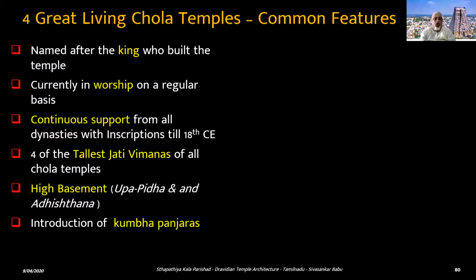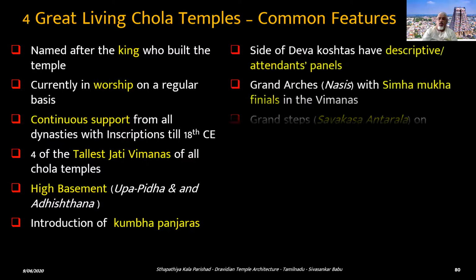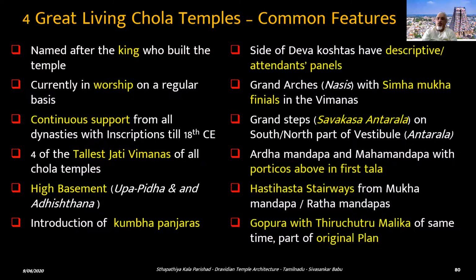And they are the four tallest Jati Vimanas of Chola temples. And for Dravidian style of temples, they are the top. They are built on high basements, and the Deva Kostas are extensive with very good descriptive panels. The arches on the temple have grand Simhamukha finials, and the mandapas have very big pedestals with grand steps.